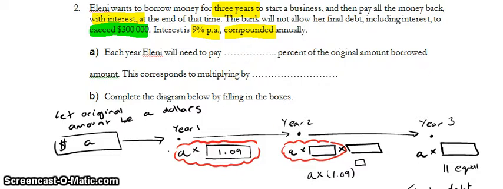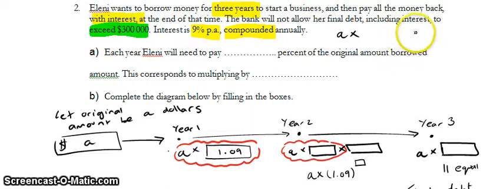So each year, Eleni will need to pay how much percent of the original amount borrowed? Okay, so each year she has to pay 9% per annum. So that means whatever she borrowed, call it A, say, will be increased by 9%.